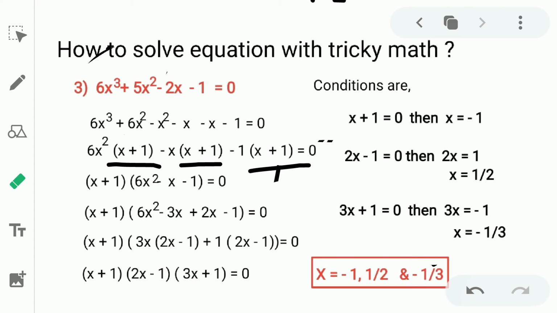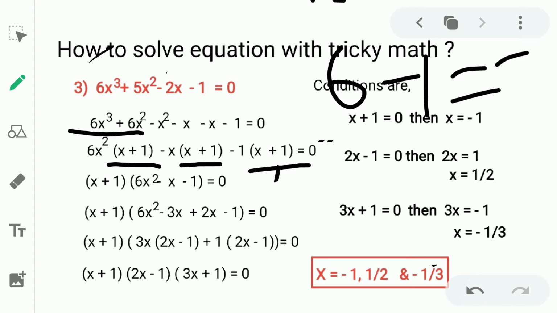So I write here 6x squared, then multiply it, and it gives you this. Again we have 6x squared, but we need 5x squared, so we have to subtract 1x squared. So I make here minus x squared, then again minus x.